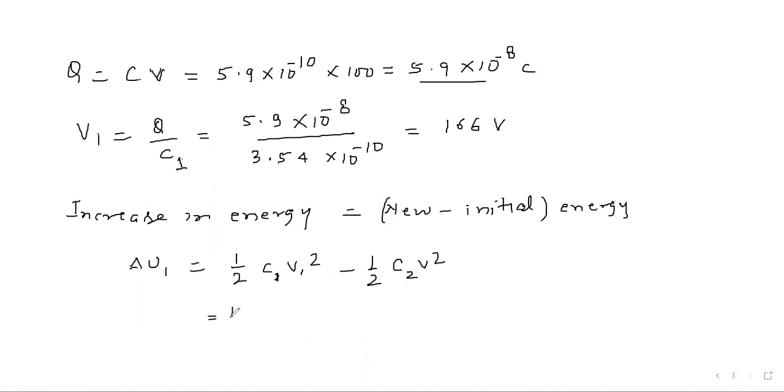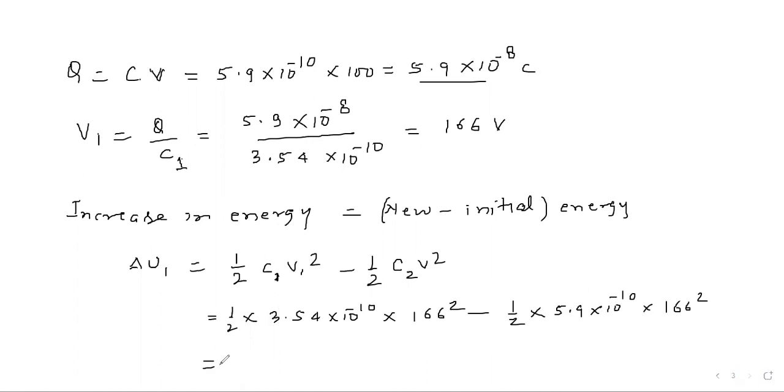So it will become 1 by 2, C1 is 3.54 into 10 to the power minus 10, and voltage is now 166, so 166 squared, minus 1 by 2 C2. C2 is capacitance when there was dielectric, 5.9 into 10 power minus 10, times voltage squared, 166 squared.